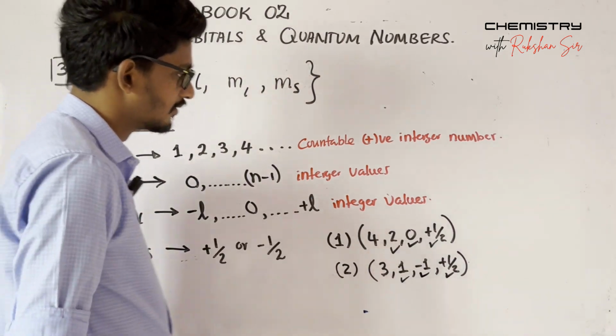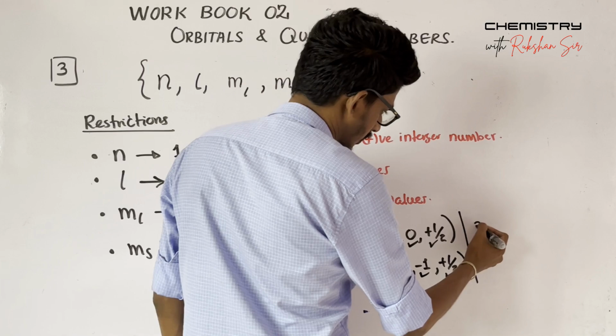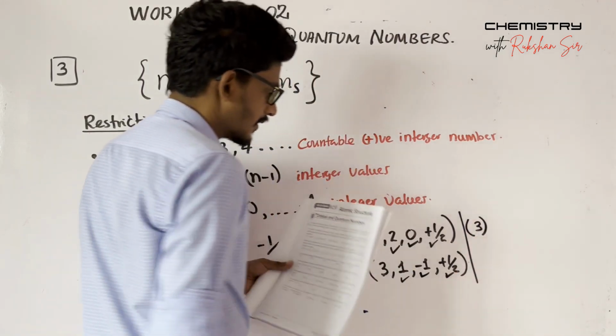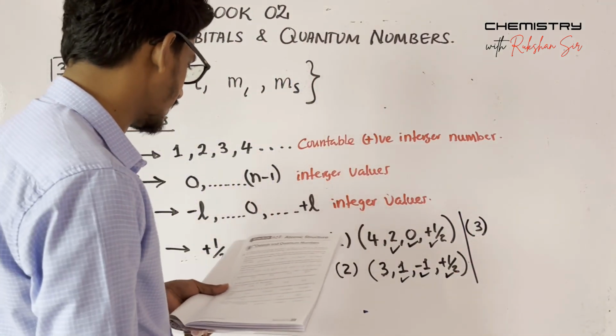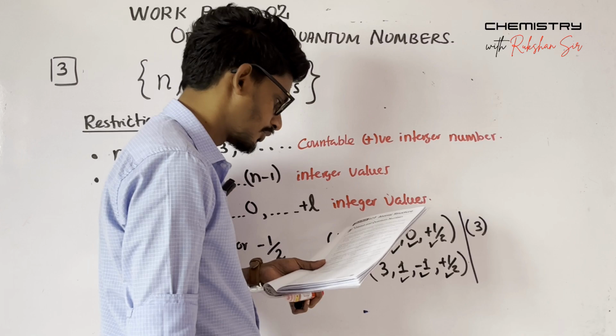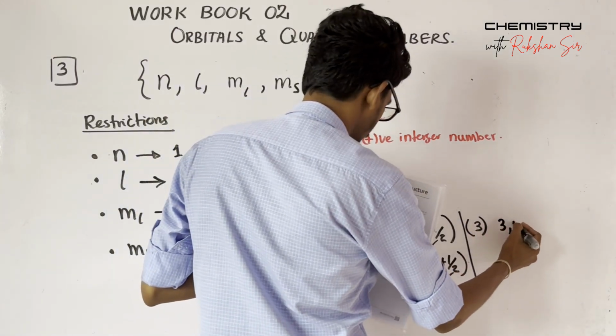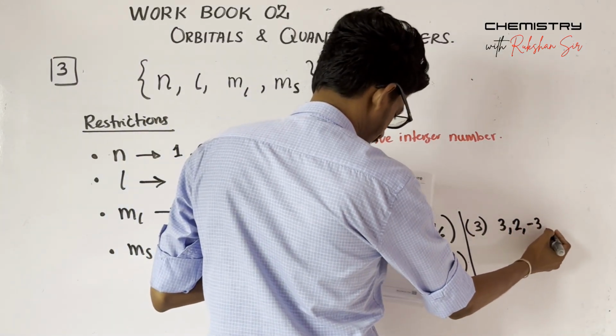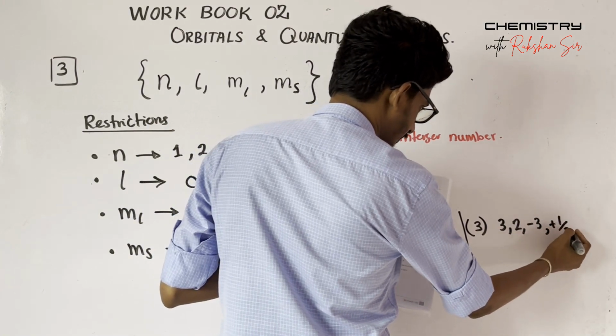Let's discuss the third one. The third quantum number set says 3, 2, minus 3 and plus half.